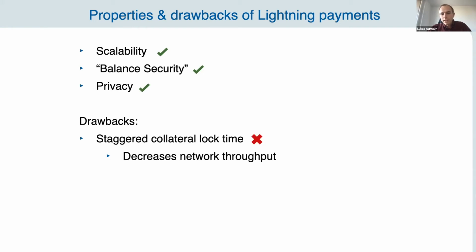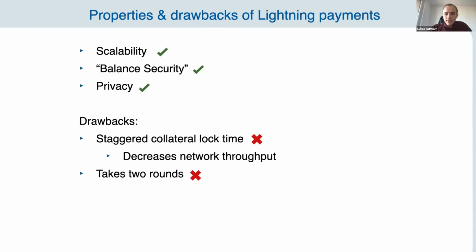For instance, there is actually an attack, the griefing attack, where adversaries potentially let payments fail in order to decrease the network throughput, or there could be some other errors. And due to the fact that the collateral is locked for a time linear in the path length, this can lead to a decrease in the network throughput.